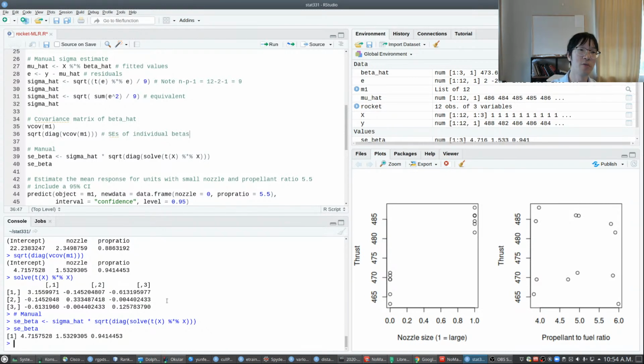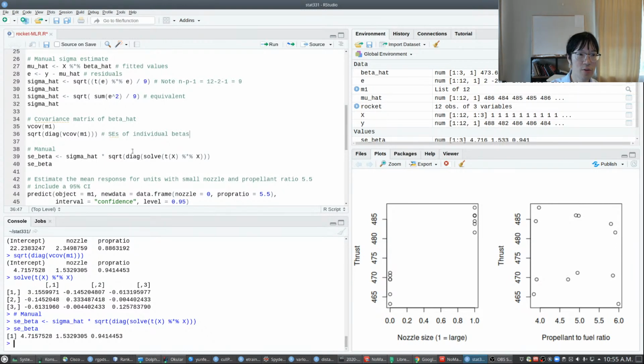In general, X transpose X inverse is not going to be diagonal, and therefore the estimated covariance matrix for the betas is very much related to that. Okay, so that again shows all the different calculations we can do for beta hat, its standard error, and also its estimated covariance matrix.